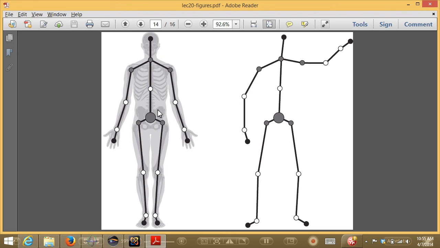This is important for forward kinematics. You say, okay, first I tell you the free position and orientation of this center point, and then I can propagate a series of angles to tell me where other joints are.